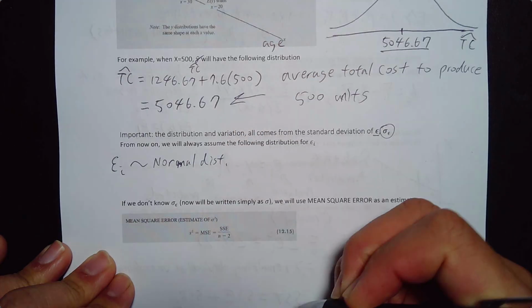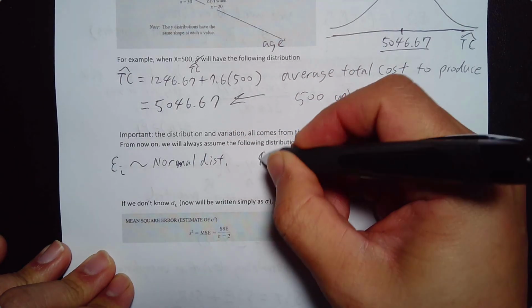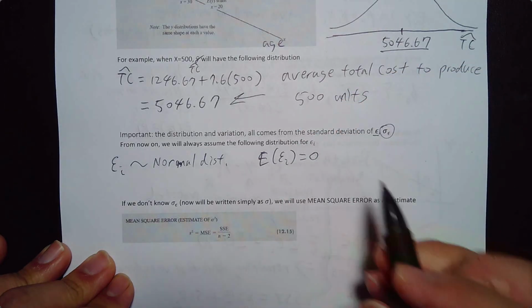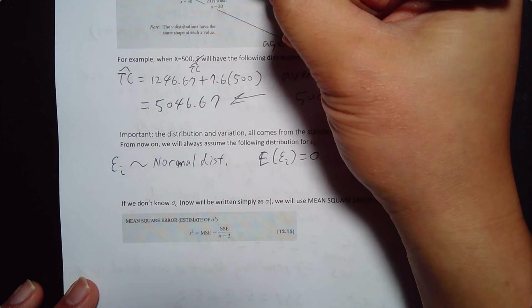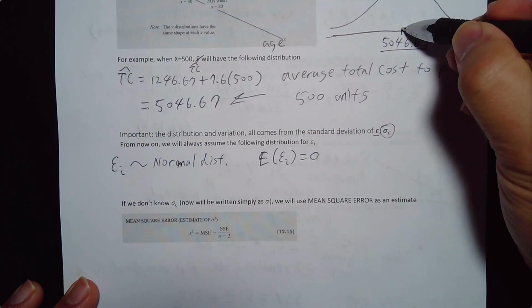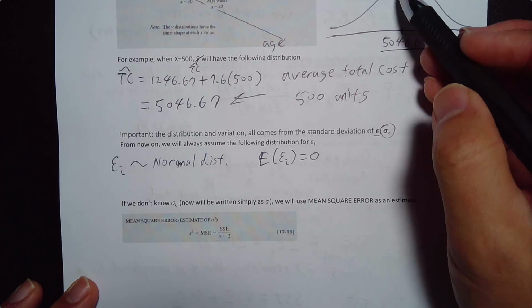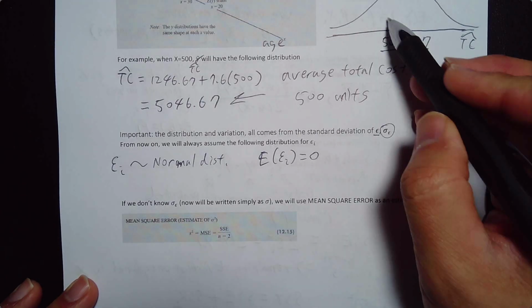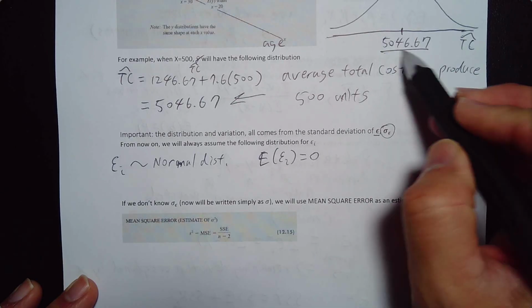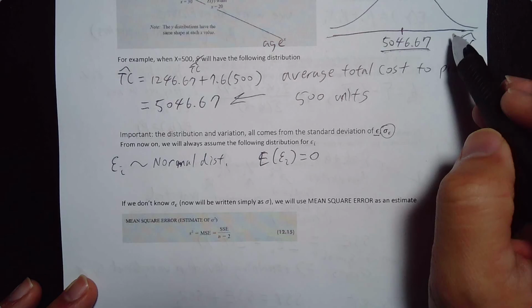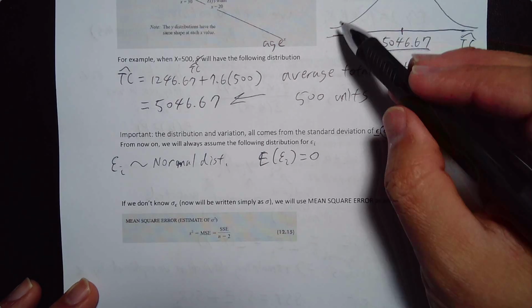Furthermore, the expected value of epsilon i equals 0. What this means is that it is equally likely that the total cost will be below 5046 and that the total cost will be above 5046. So there's no skewness in the variation.